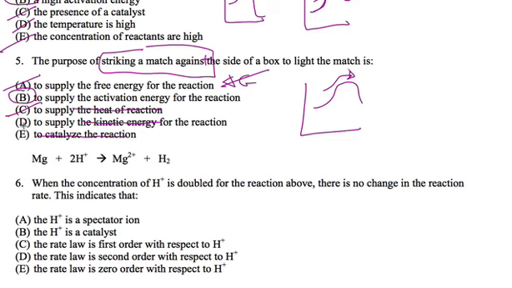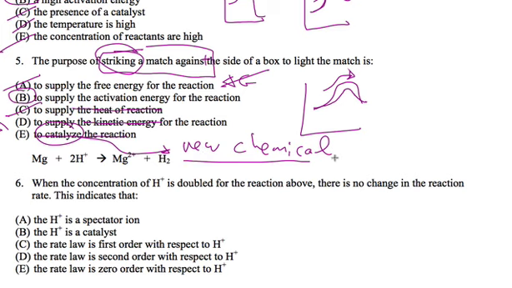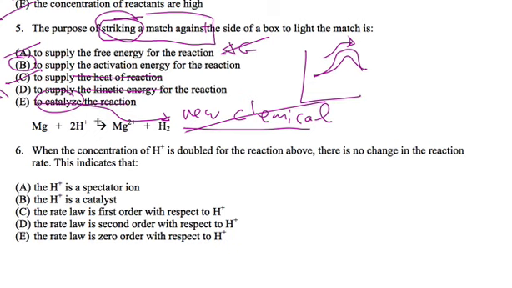Catalyze the reaction is your distractor, and that's tempting, but we know a catalyst decreases the energy of activation, and a catalyst is a new chemical that's introduced that actually does it, and striking a match is not adding a new chemical. So it supplies the energy needed to get it to the top of the hill.